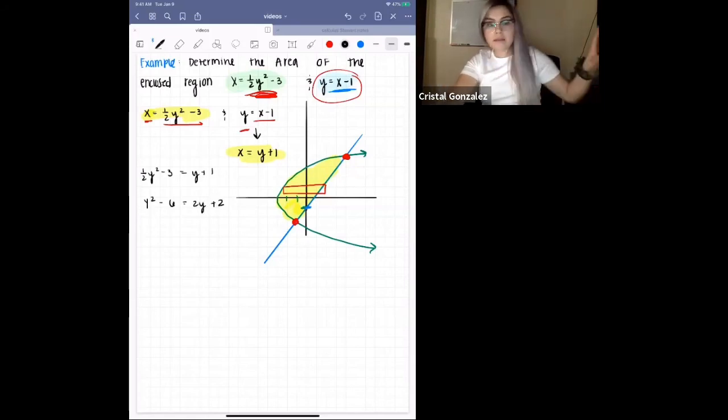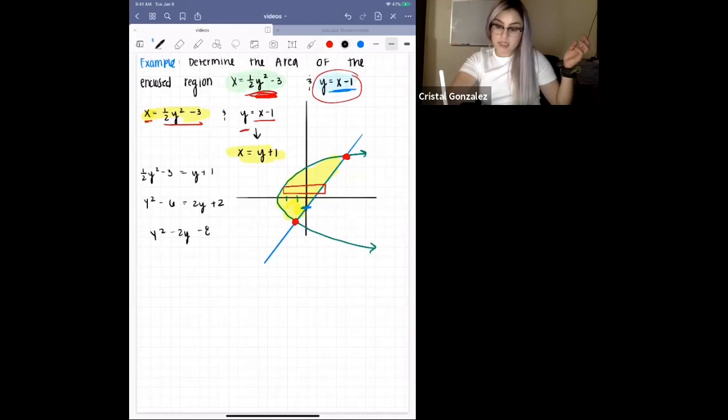I'm going to set everything over to one side, set it equal to 0, and I'm going to get y squared minus 2y minus 8 is equal to 0. Now I'm going to factor to get y minus 4, y plus 2 equals 0. And so that means that the y values where they intersect are going to be at -2 and 4.